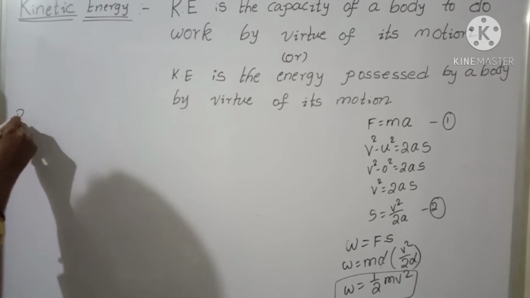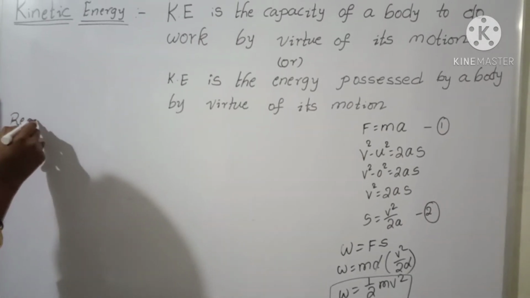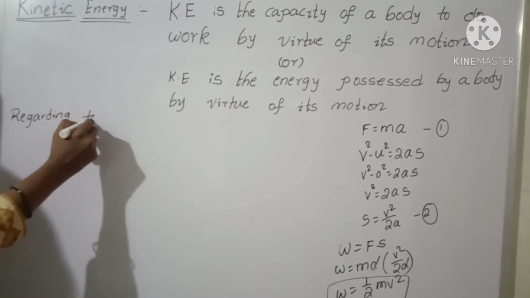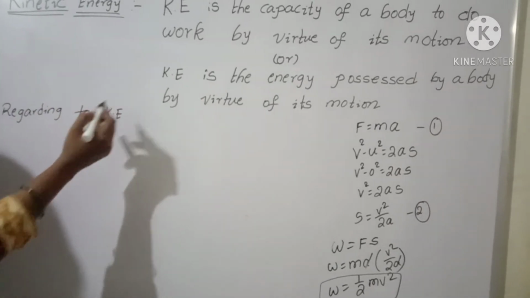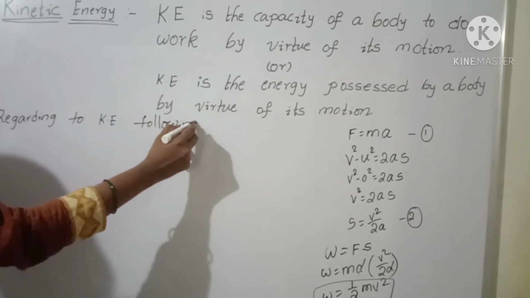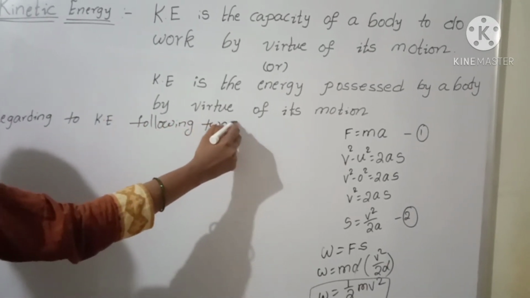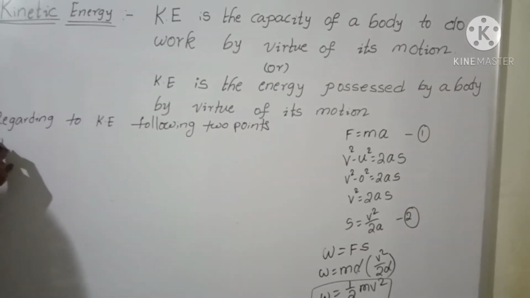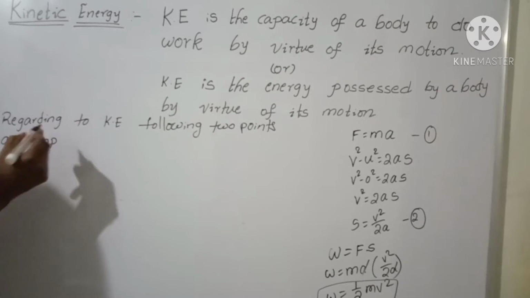Next, according to kinetic energy, there are some important points. Already you know the formula KE equals half mv square. Here m and v are always positive. That is the first point.